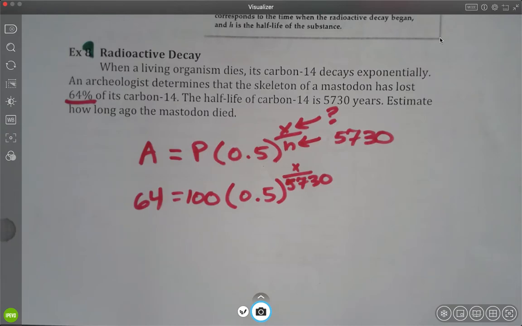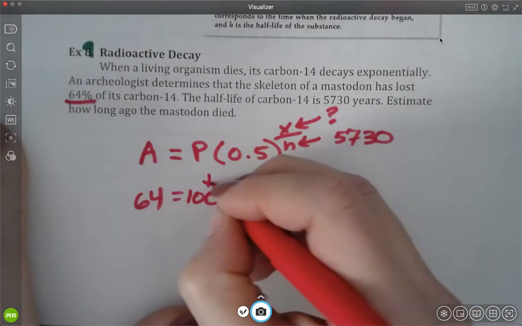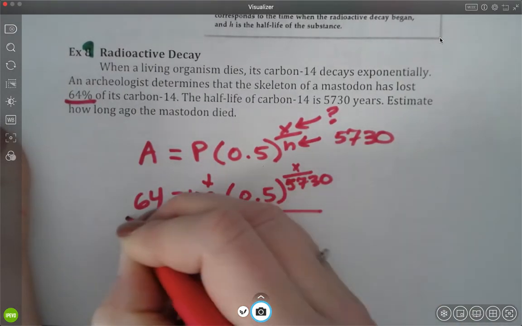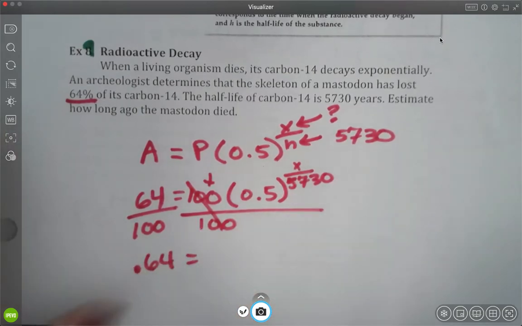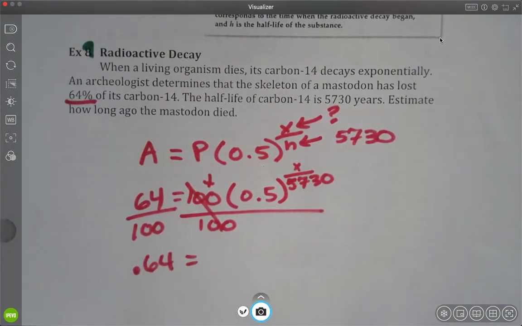No matter what this principal is, you're going to first divide that over, and no matter what, you should get 0.64 on this side. Does that make sense? Maybe it was 500, but then 64% of that, dividing 500 over, is going to be 0.64 no matter what. So I've got to make up my own numbers, just as long as this is a 64% relationship of that.